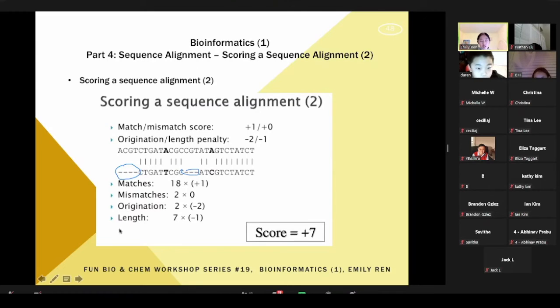And for the length penalty, we count the individual gaps inside these larger gaps. So here we have 7 of these for length, and then we apply the length penalty, so that's times -1. And when we add all of this together, we get -7.